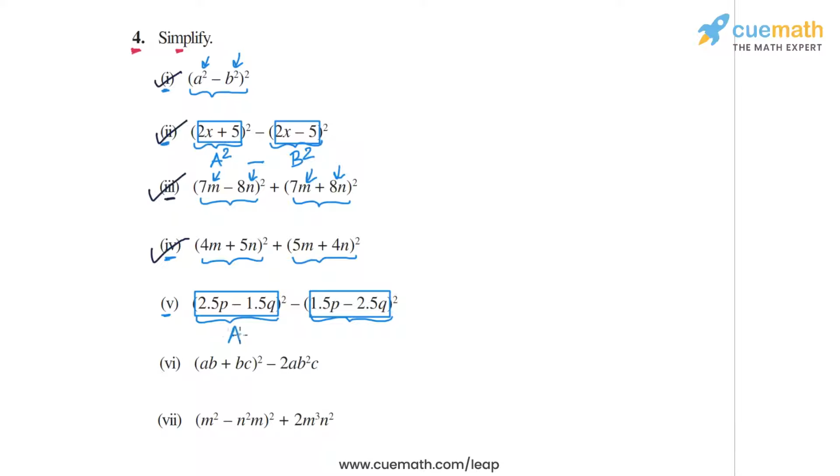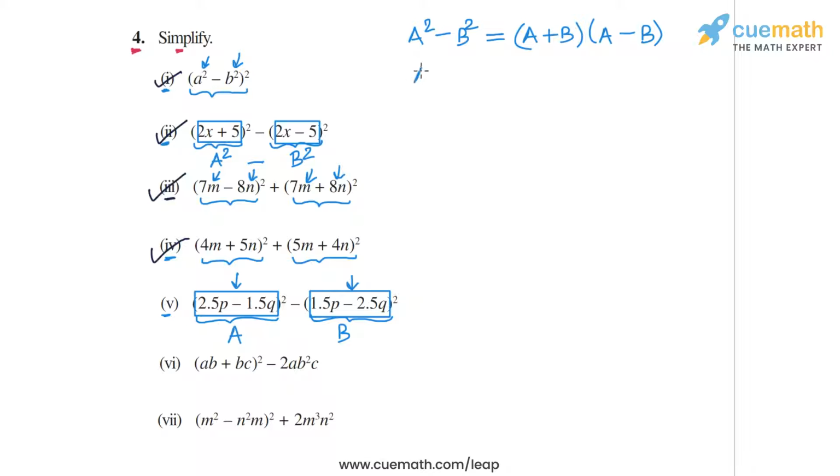And we know that a square minus b square can be written as a plus b, a minus b. So this is the identity we can apply to simplify this expression.